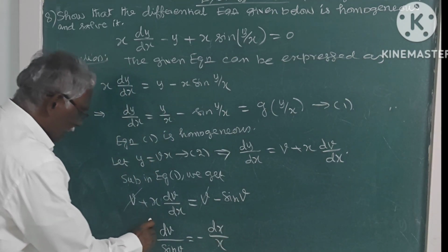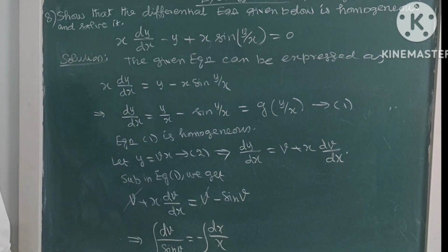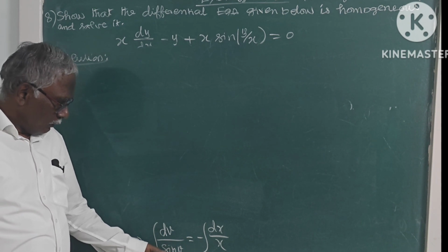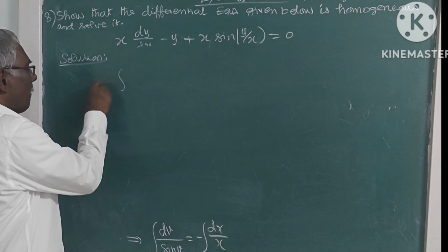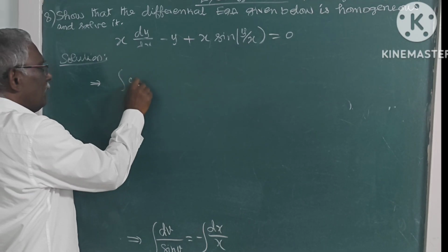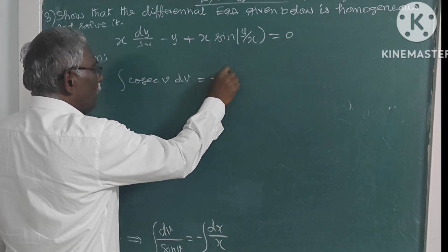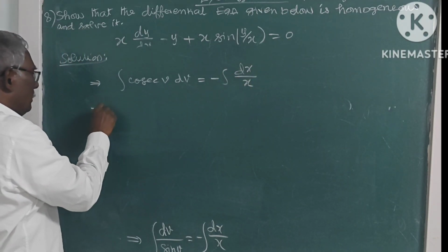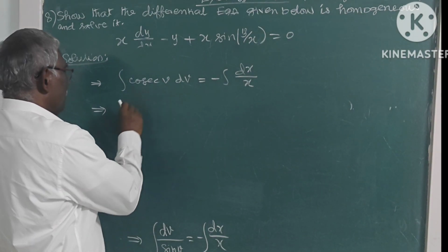On integrating we get integral dv by sin v. 1 by sin v is cosecant v. So integral cosecant v dv is equal to minus integral dx by x. Integral cosecant x dx is log of cosecant x minus cot x plus constant.